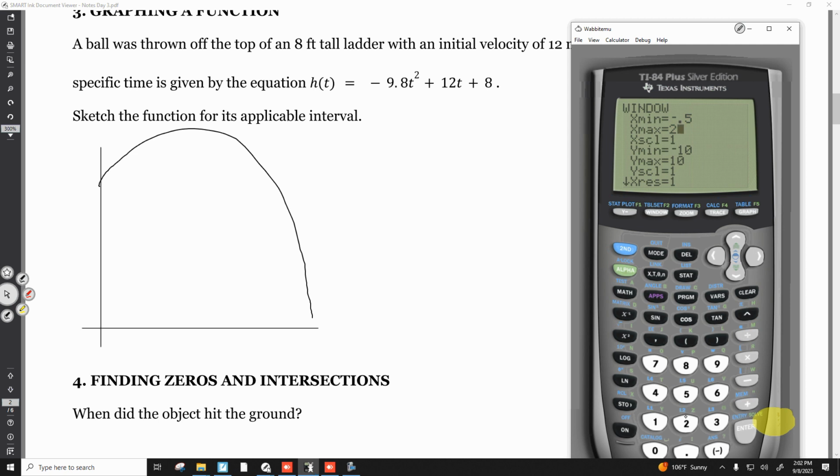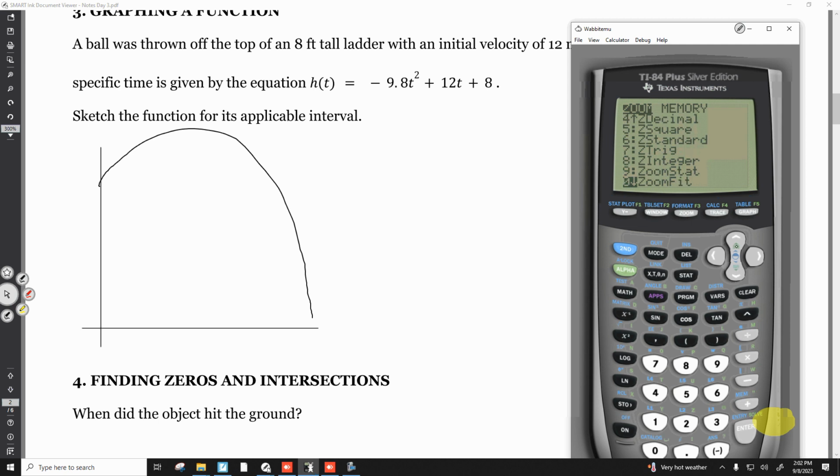Cool? Now, that adjusts your x's, but my y's are still a little bit finicky. I can adjust my y's in my window if I wanted to, but here's another Mr. Messner calculator secret. When you adjust your x's and you want your y's to be adjusted automatically, go to Zoom, Fit.